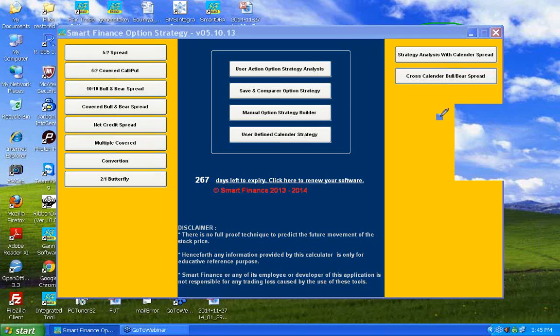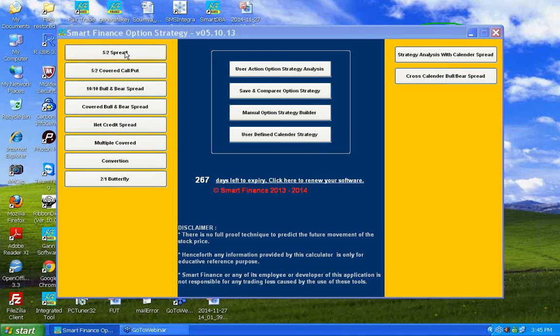The theoretical description of all these strategies, on the left and right side, is already given in my book. I'll show you one by one how we can go with the strategies.